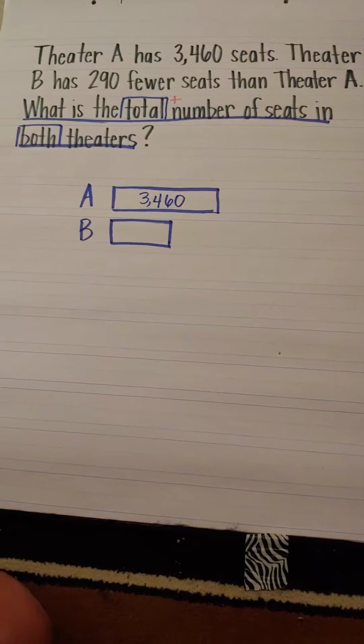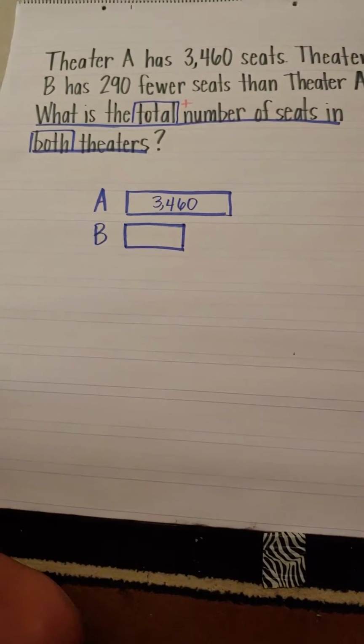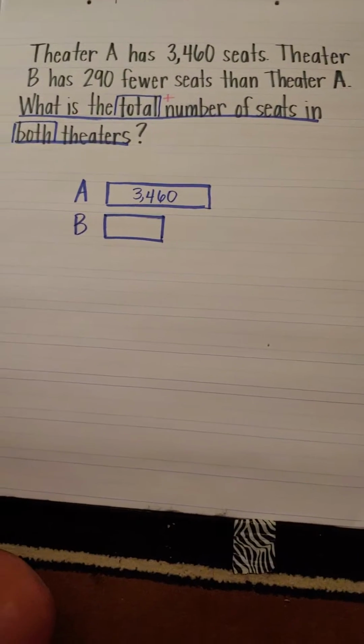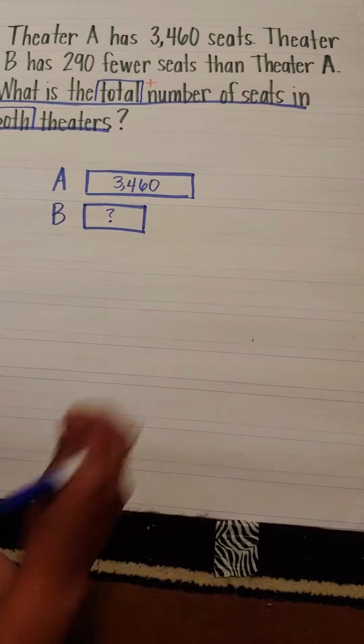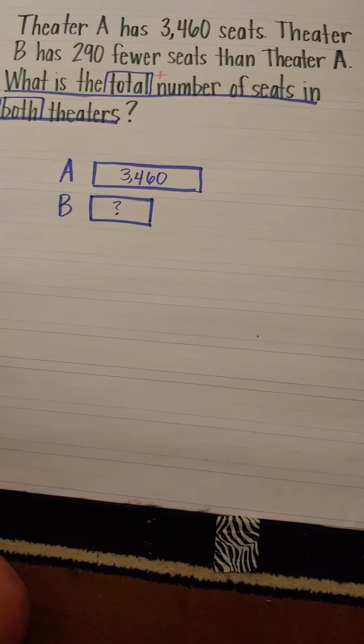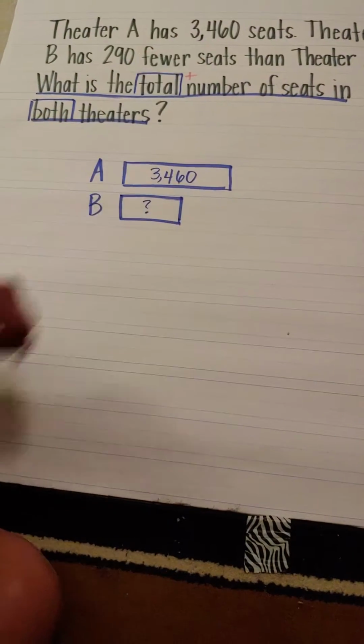But since we do not know exactly how much goes into the bar for Theater B, we cannot put anything in there. So for right now, we need to figure out how much goes inside of Theater B. We do know that it has 290 fewer seats.